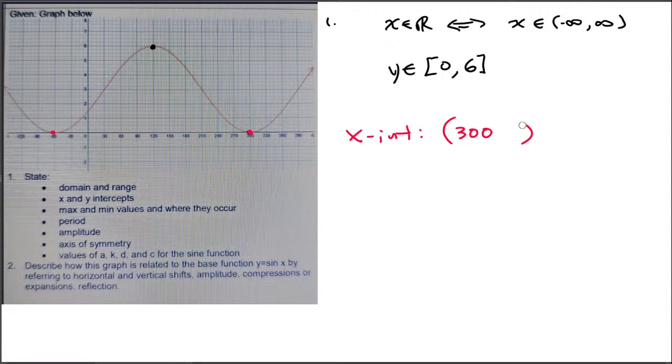So that's one x-intercept, and you could also say negative 60, 0. These are the two that you can see.